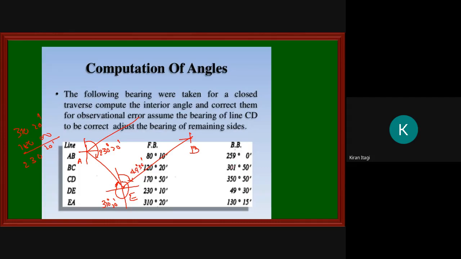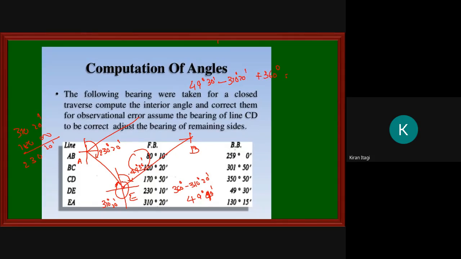Then 49 degrees 30 minutes minus 310 degrees 20 minutes plus 360 degrees.